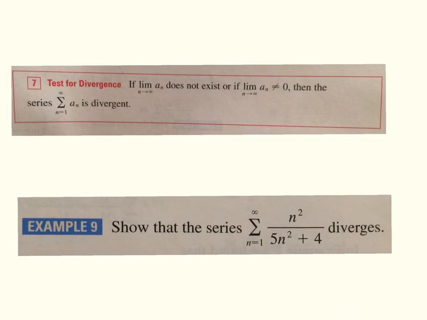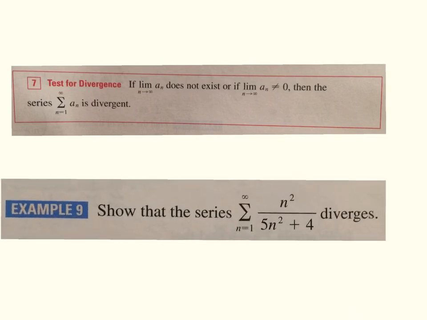They have to go to zero. If not, all bets are off. It's done. It's going to be divergent. If it goes to zero, we just saw on the harmonic series, 1 over n definitely goes to zero, but that series diverges. So if it goes to zero, we're not sure, but if it doesn't go to zero, definitely divergent.